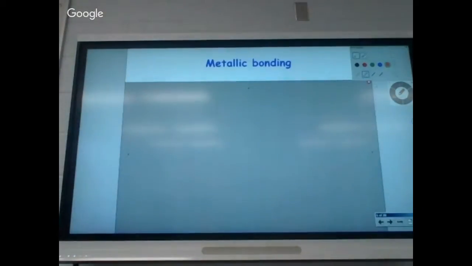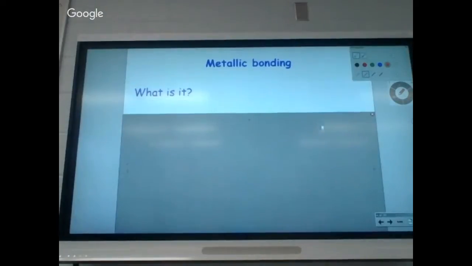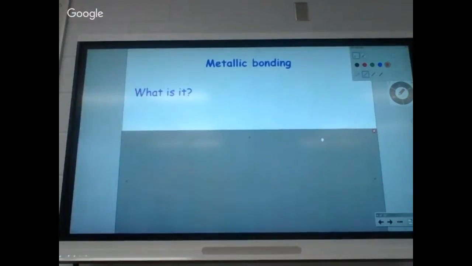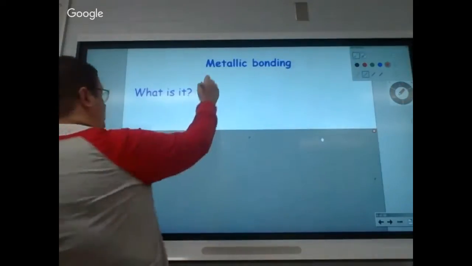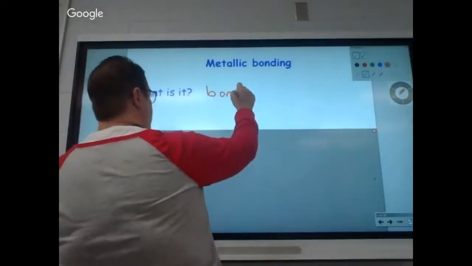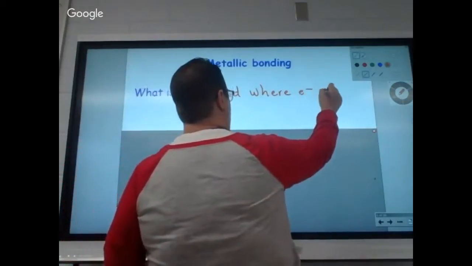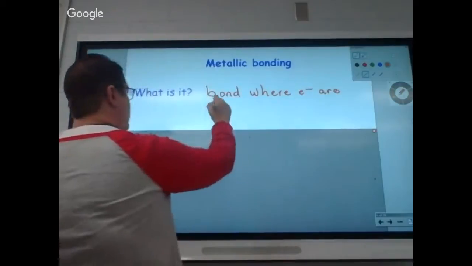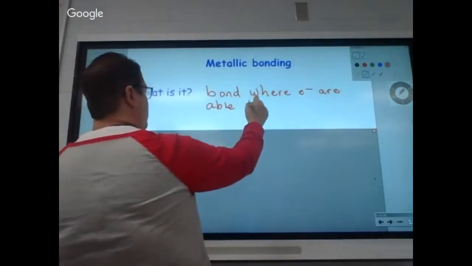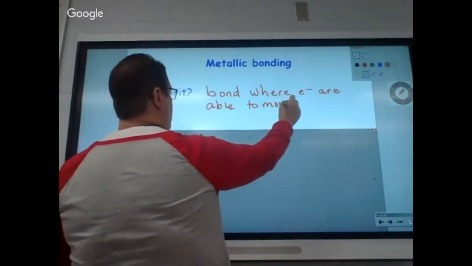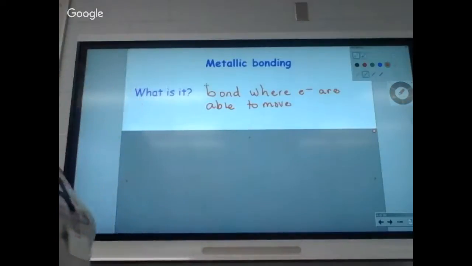All right, metallic bonding. Metallic bonding is the weirdest of the crowd. This is a bond where the electrons are able to move.